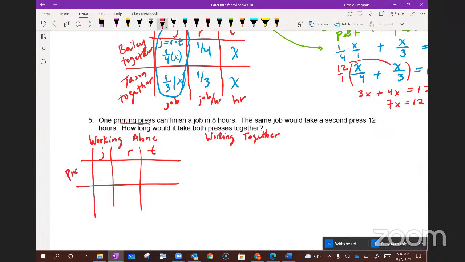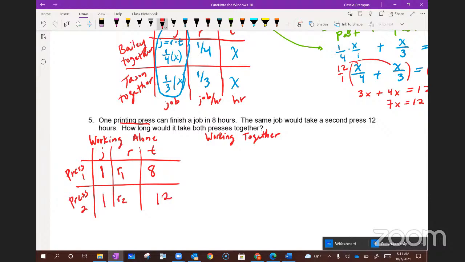Sorry. Press 1, press 2. So press 1 can do the one job in 8 hours. I need to solve for the rate of press 1 because they didn't give me that. Then it says the same job would take a second press 12 hours. So press 2 can solve the one job in 12 hours.